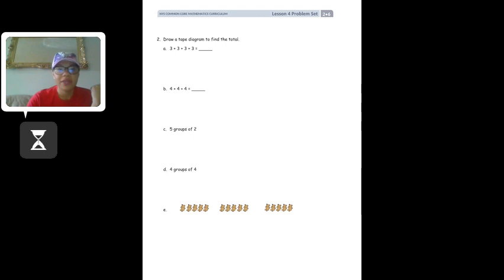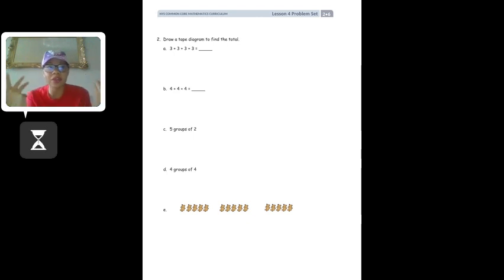So let's see. Before we get started, we're supposed to be drawing a tape diagram, but this time they didn't give us a number sentence. They didn't give us a repeated addition equation. They didn't give us anything but pictures. And so we're going to be drawing a tape diagram around these equal size groups of teddy bears.